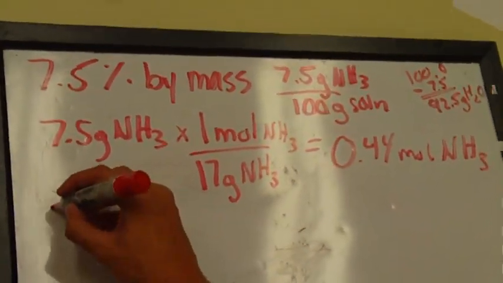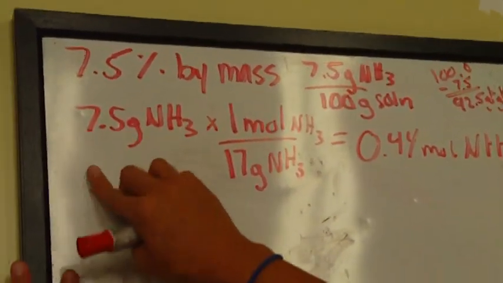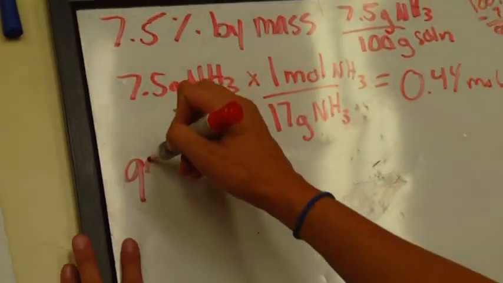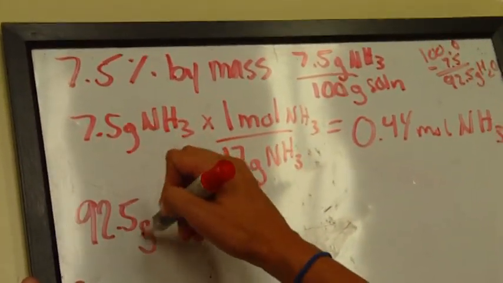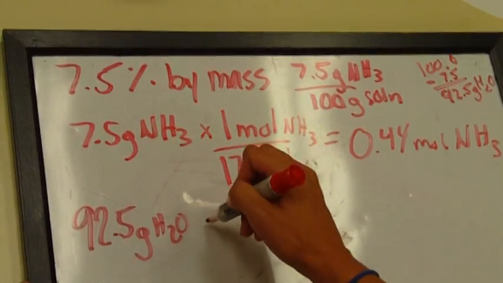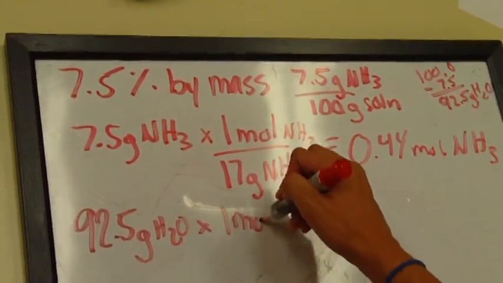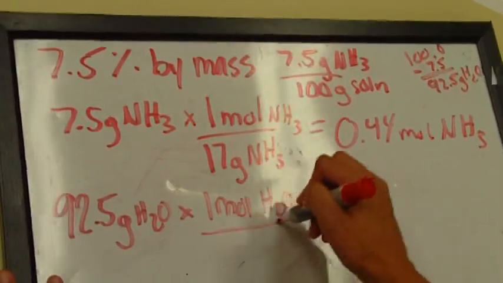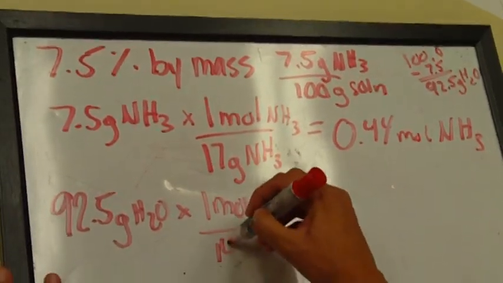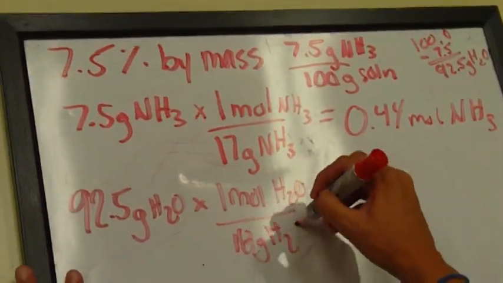So now we need to convert that to moles. So we can do 92.5 grams of H2O times 1 mole of H2O over 18 grams of H2O.